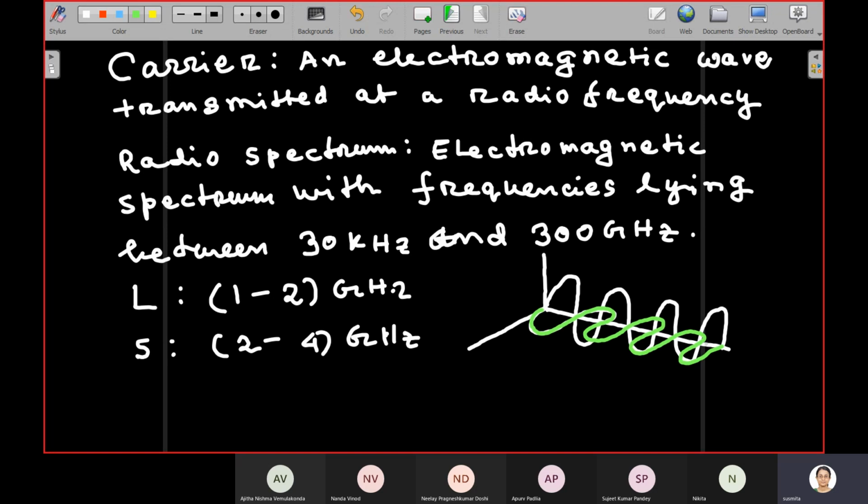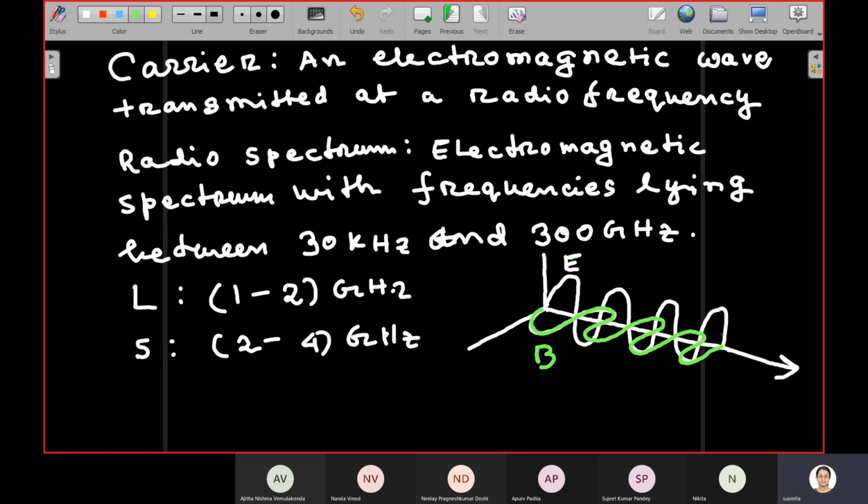So white represents, let's say, the electric field, and green would be the magnetic field. So this is a synchronized oscillation of electric field and magnetic field that propagates in a direction. It propagates in a direction perpendicular to both fields. So this is the E field, and then this is, let's call this B, the magnetic field, the field strength. So the electric field and magnetic field oscillate and they are both orthogonal to each other, and they propagate in a direction that is orthogonal to both the fields.